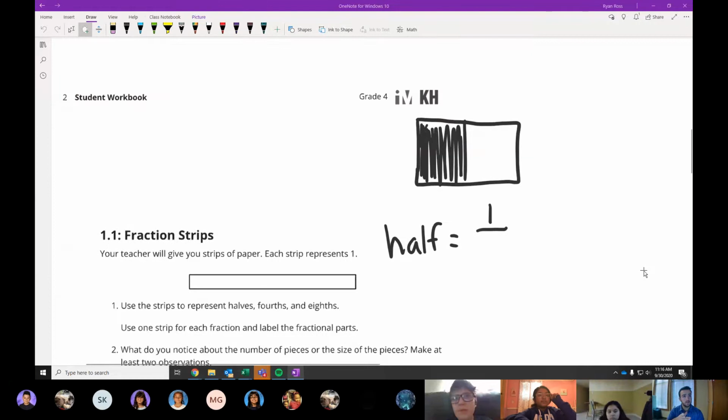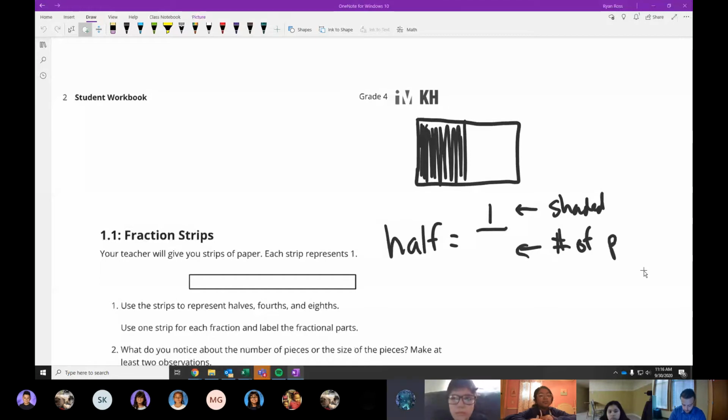We said in previous worksheets that the top number on the fraction is the amount that is shaded. So the number of shaded pieces. And if we cut it in half, there's 1 shaded piece, right? And on the bottom, it is the number of parts in the whole.